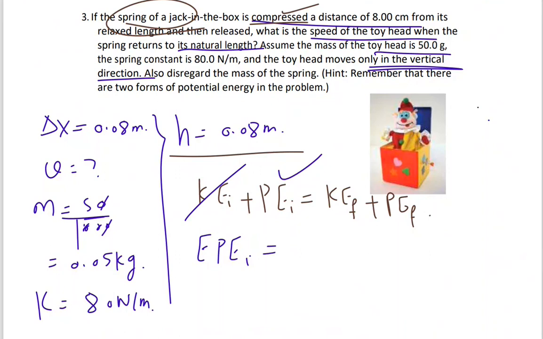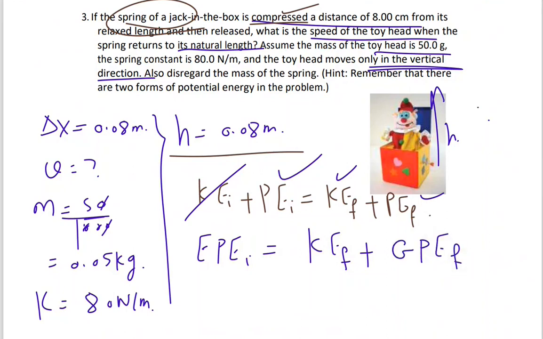Now, what will happen? Jack in a box starts moving up a certain distance, a certain height h. So I have kinetic energy final, and I have potential energy as well. This type of potential energy will be gravitational potential energy. So I have kinetic energy final plus gravitational potential energy final.